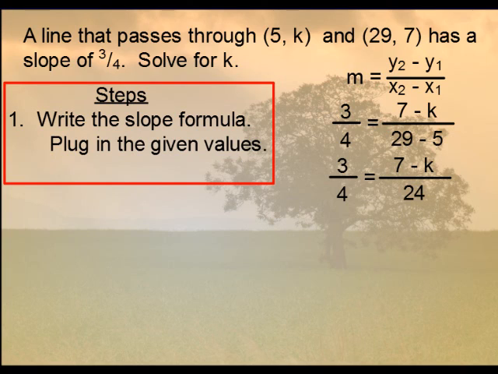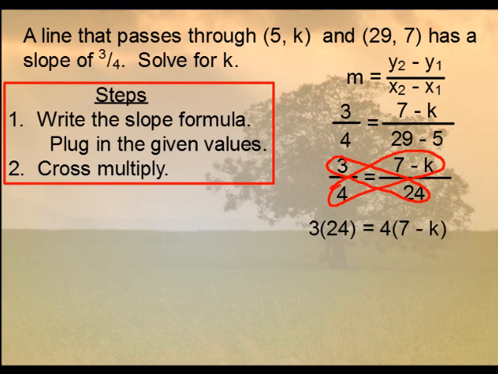Okay, so now that we have this, let's cross multiply. That is, we'll take the 4 and multiply it to this entire quantity on top, and then the 3 and multiply it to the 24. Essentially the 3 and the 24 here go together, so that's what I'm writing right here.